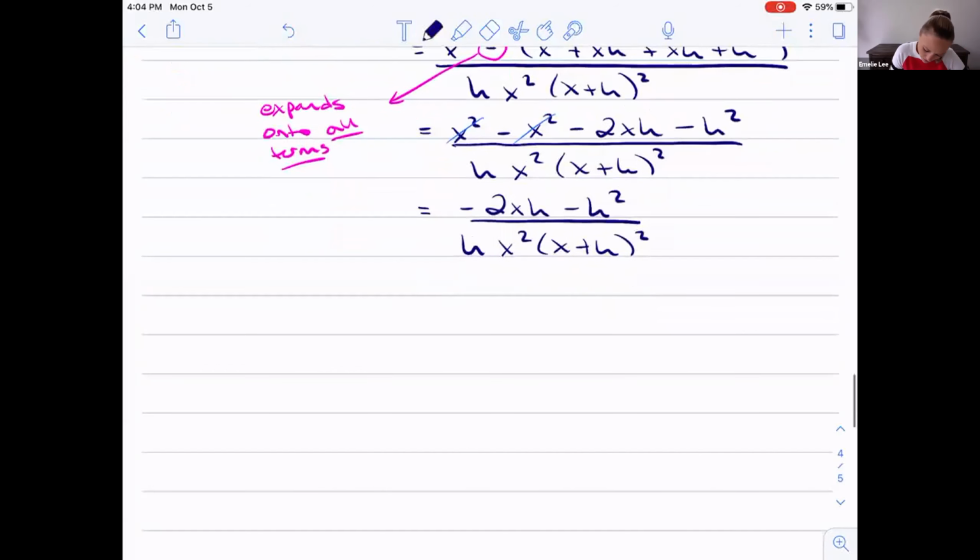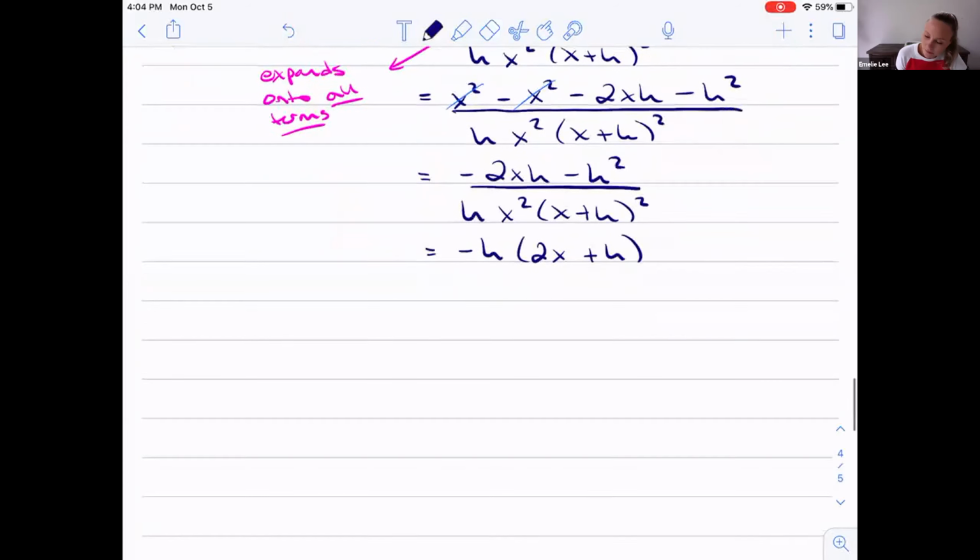And so I'm going to have negative h times 2x plus h over hx squared times x plus h squared. So now I've got h over h. I can only do that because I'm multiplying across here, right? So these h's are multiplying everything here and everything down here. That's why I'm allowed to cancel those.